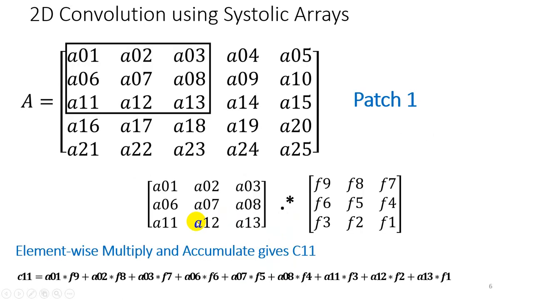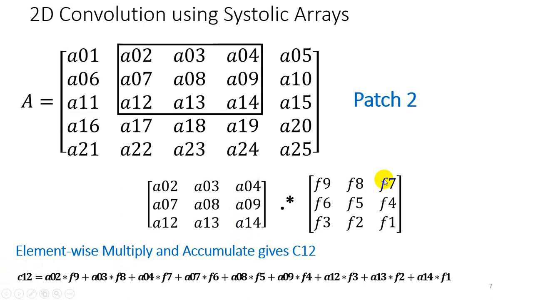So here is 2D convolution using systolic arrays. First we make the first patch of the input image, which is composed of A01 to A13, these elements, and we convolve them, or perform element wise multiplication on them, and we get the result for the first element of the output matrix.